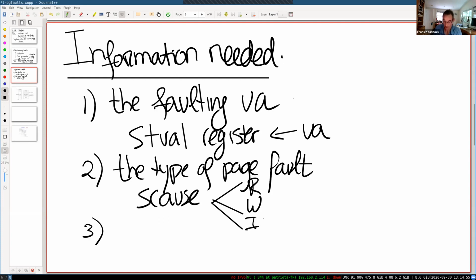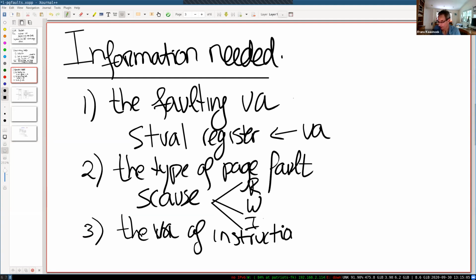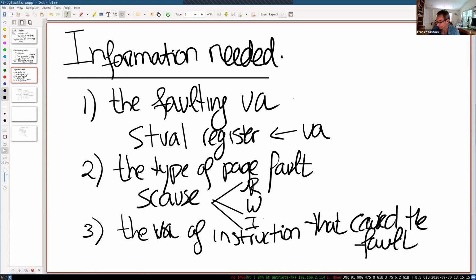Then the third thing that we probably want to know is the virtual address of the instruction that caused the page fault. Anybody remember from the trap lecture where that address is?